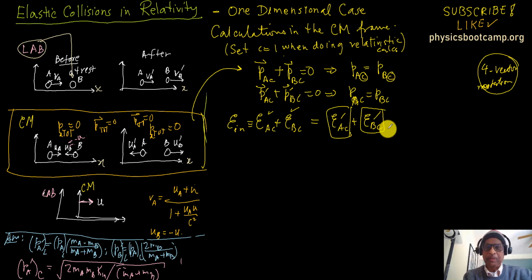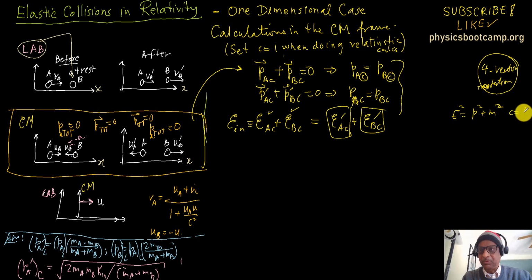We want to create another equation using these, and E square equals P square plus M square, with c equal to 1 unit, right?